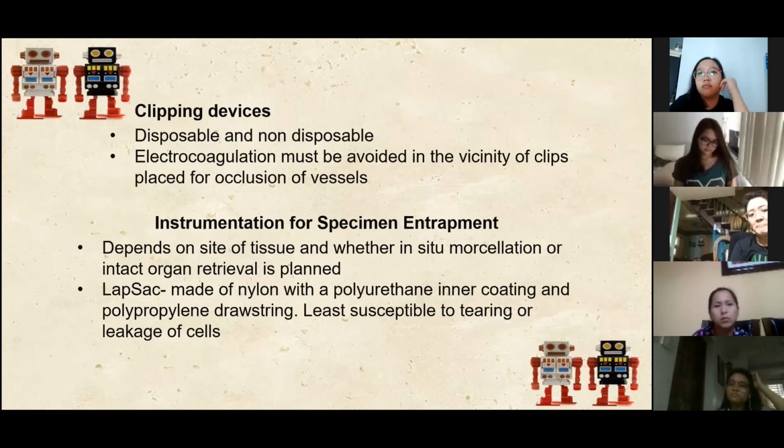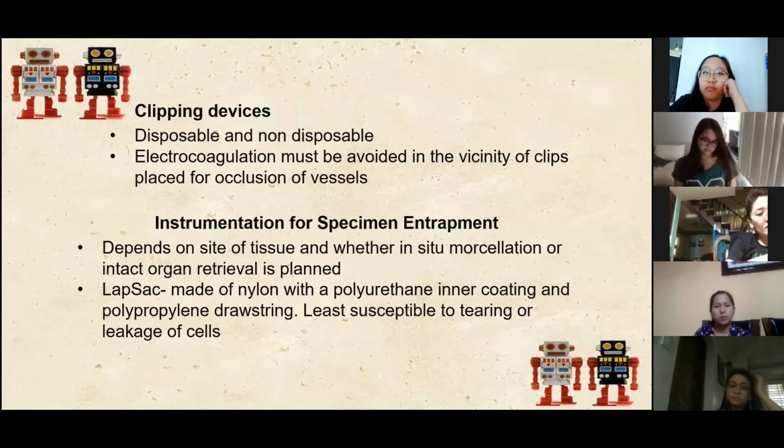Next, please. So for your clipping device, these are either disposable or 1 millimeter laparoscopic ports. You have your disposable, and they have a rotating shaft, multi-fire, and have self-reloading features.